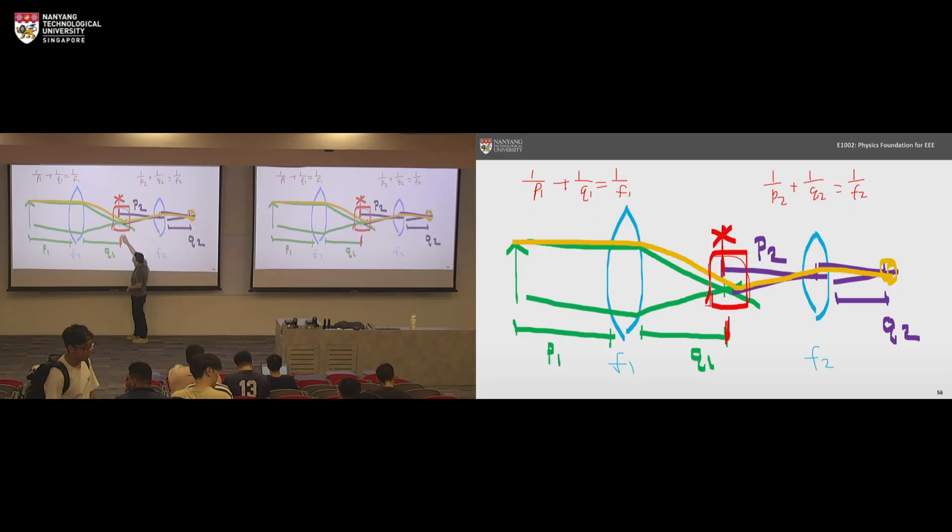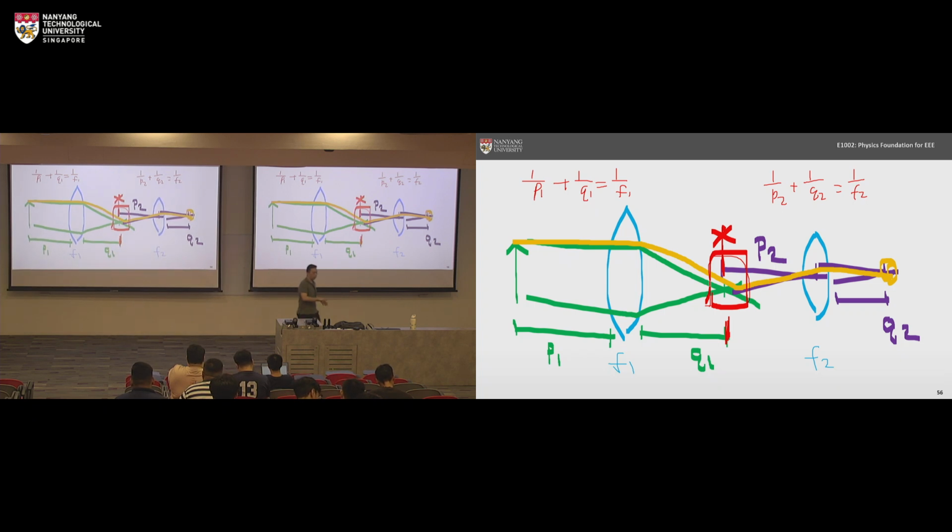So the key to link the two lenses is that your image from system number 1, which is Q1, this location must also be your new P2. I'm not saying the value of P2 equals Q1, because this distance can be different. It's just that the location should be the same. So your first image will become your second object.